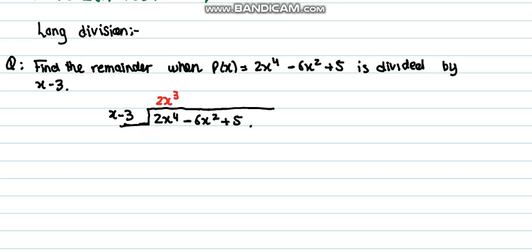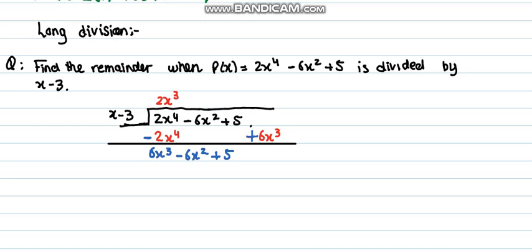Multiplying it, we will get 2x raised to the power 4 minus 6x cubed. Next step would be to change sign. So this would become minus and this would become plus. So what we have over here is minus 6x squared plus 6x cubed plus 5.